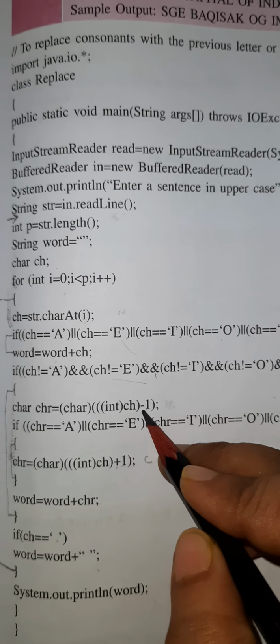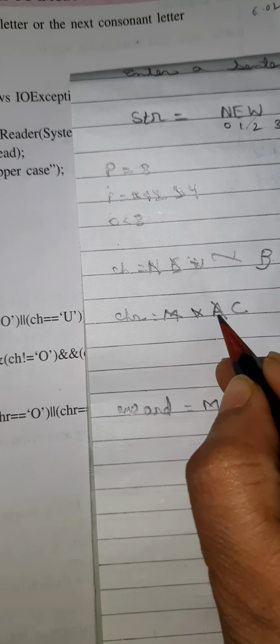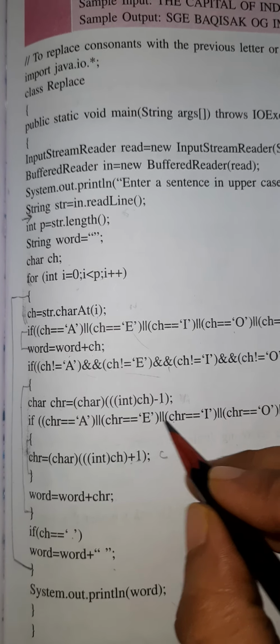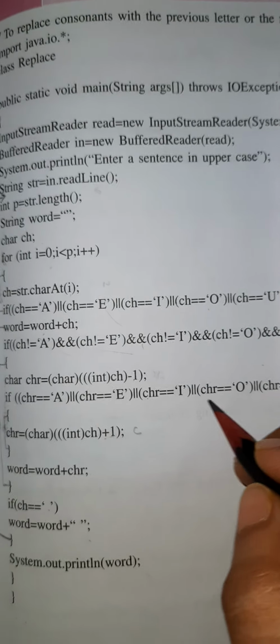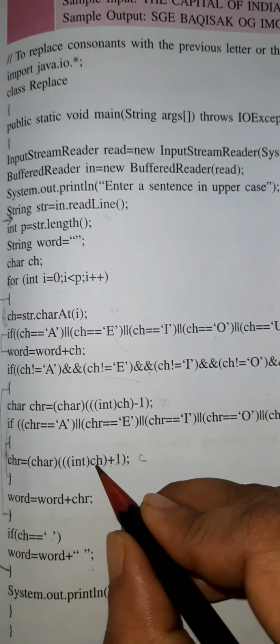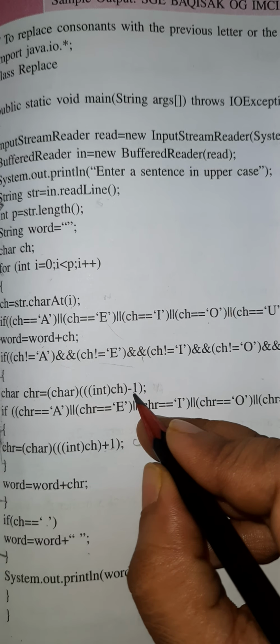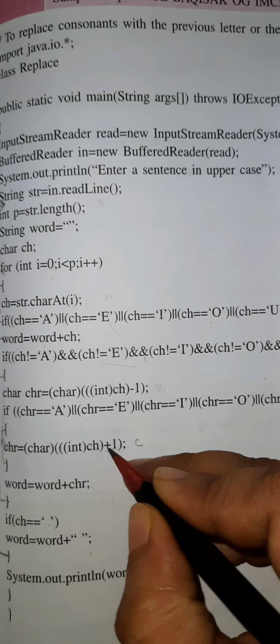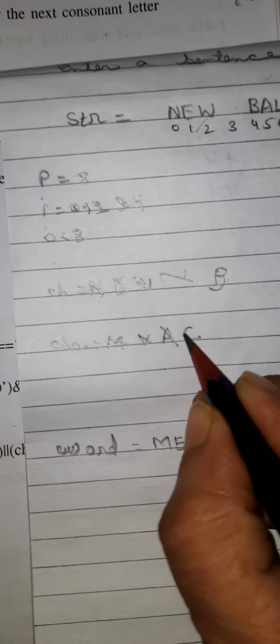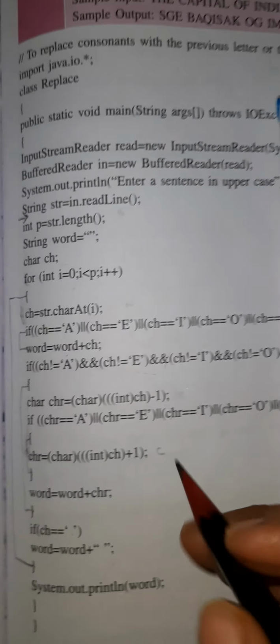It is doing minus 1. When it has done minus 1, CHR value is A. So it is checking again, is CHR a vowel? Yes, it is a vowel. So if it is a vowel, then don't change CHR, minus 1 you will not do. CH we will do plus, so plus it has become C.